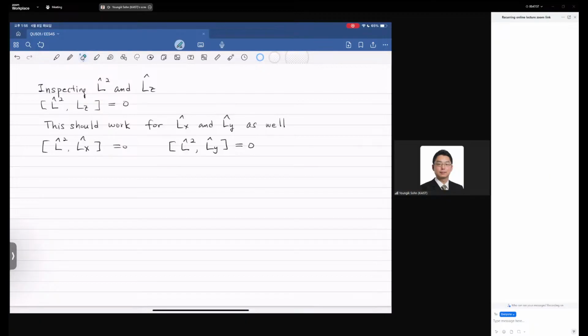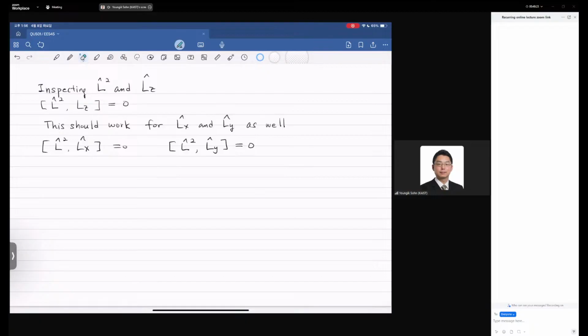Z is special only because we artificially introduced the spherical coordinate system. They have equal rights in all aspects. So it would be very bizarre if somehow Lx were not commuting with L square. So they are commuting with L square.